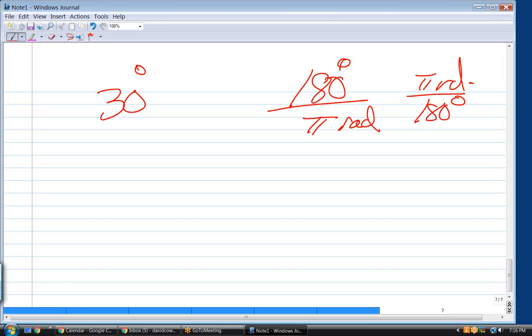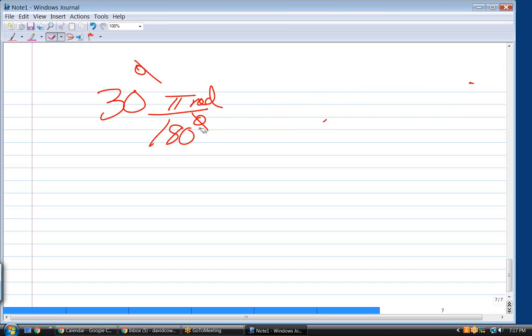Which conversion factor do I need to use for 30 degrees? Pi radians over 180 degrees, because I'm trying to lose the degrees and pick up the radians. So it'd be pi over 6. In other words, the hard way becomes 30 pi over 180, which becomes pi over 6.